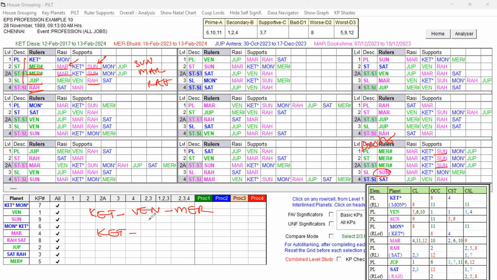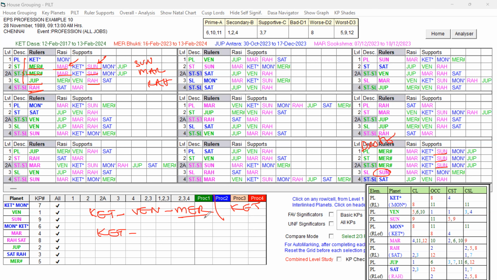So in Ketu Dasa, Venus Bhukti, Mercury Antra, he got the change and he joined the job in Ketu Antra, right? Because Ketu itself is a smaller period, and in Venus, Mercury period he got a new job.